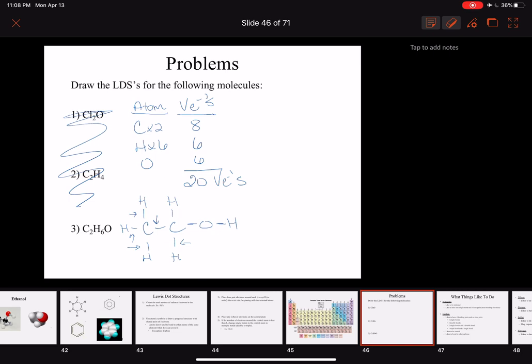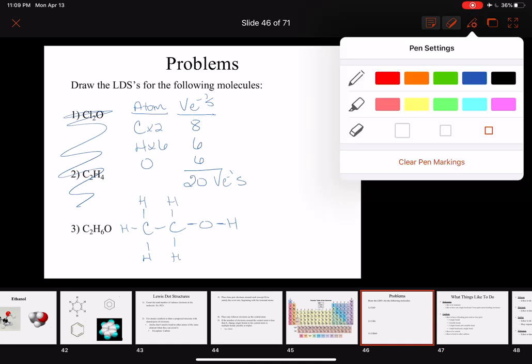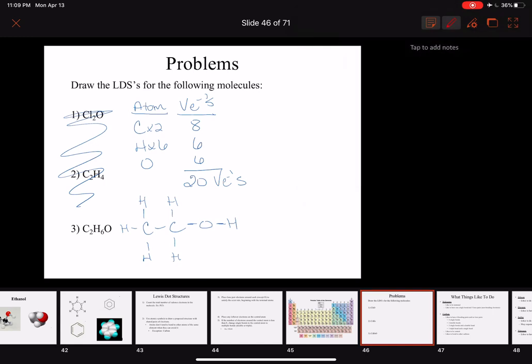And that's actually pretty lucky, because if we look at all of the carbons and hydrogens in this structure, we can see that all of our carbons and hydrogens are actually happy. They all have an octet or a duet. So all of our hydrogens have their duet.